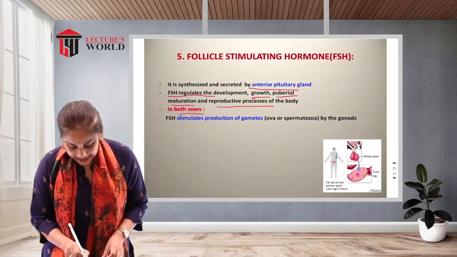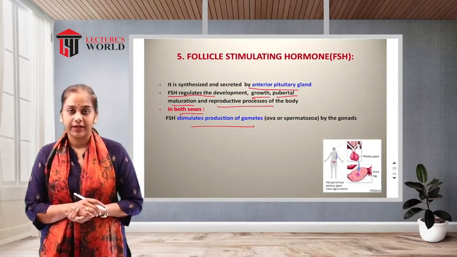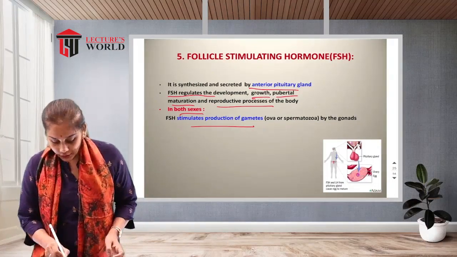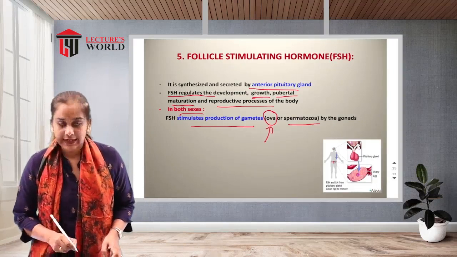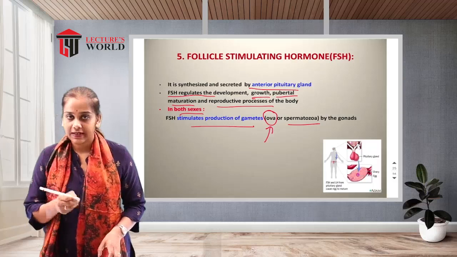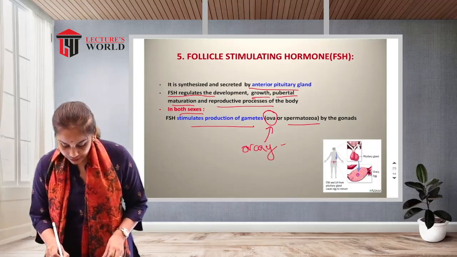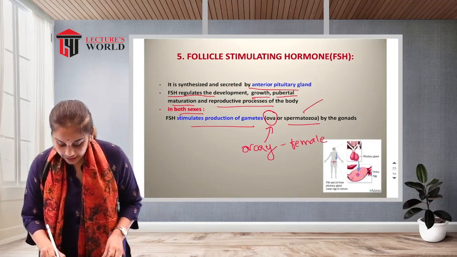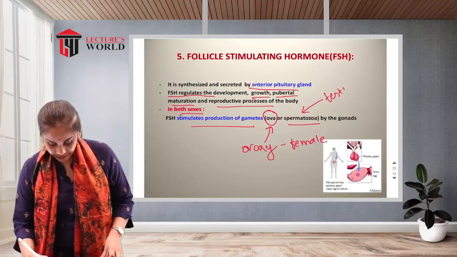In both sexes, male and female, FSH stimulates the production of the gametes. What are gametes? They are known as ova and spermatozoa. The ovum is released from the ovary in the female, and spermatozoa are released from the testes in the male.